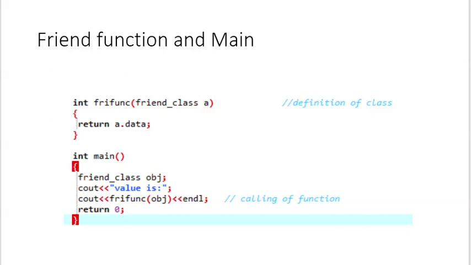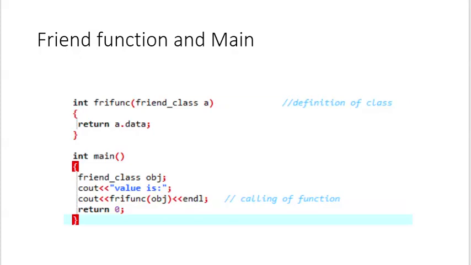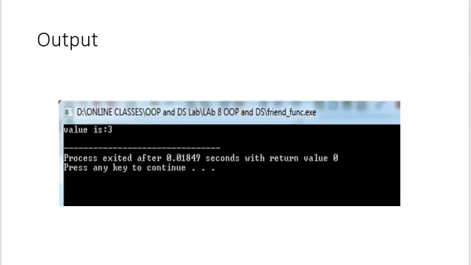So this is the method of calling a function in our program, and now the output is the value 3. So through a friend function we can access the private variable of any class.